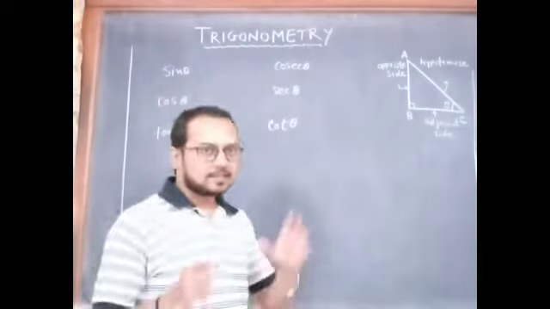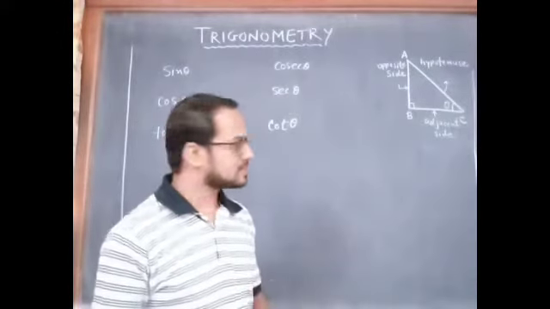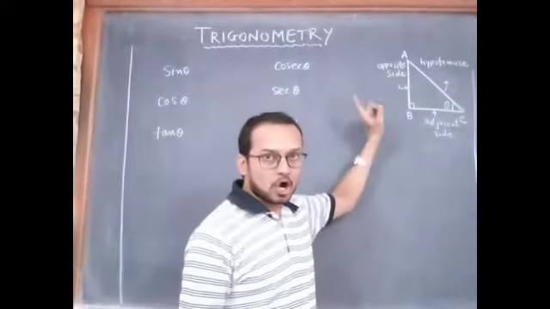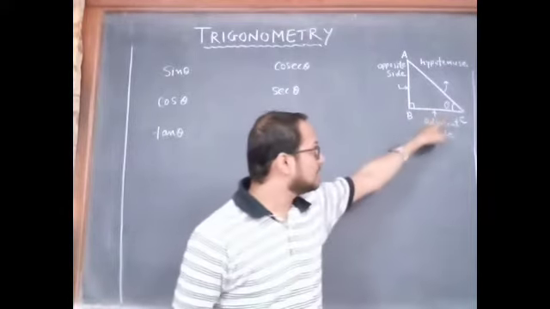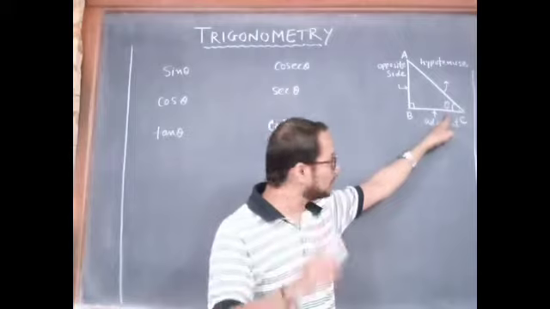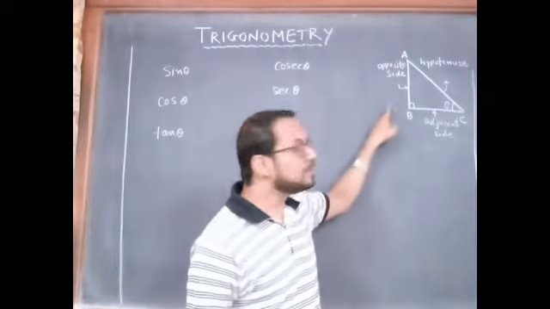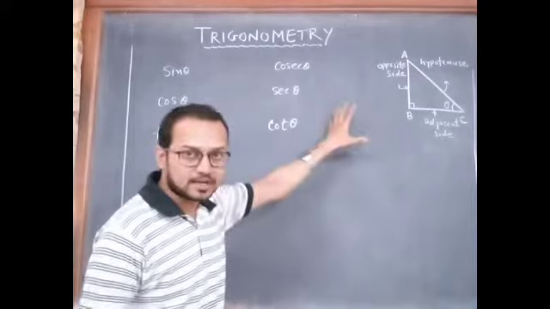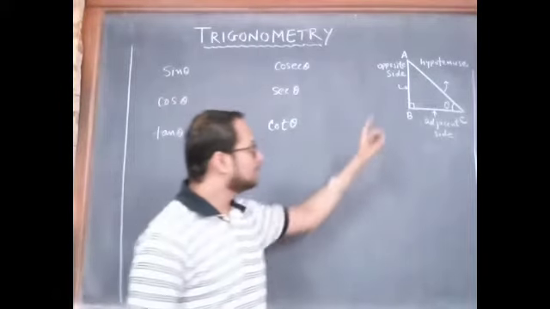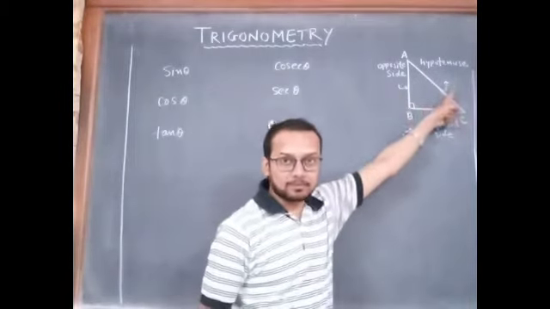According to mathematics, in trigonometry, sin theta is the ratio of opposite side to hypotenuse. Once again, here theta is the reference angle. With respect to this reference angle, AB is the opposite side and AC is the hypotenuse. So for this particular triangle, sin theta is the ratio of opposite to hypotenuse.